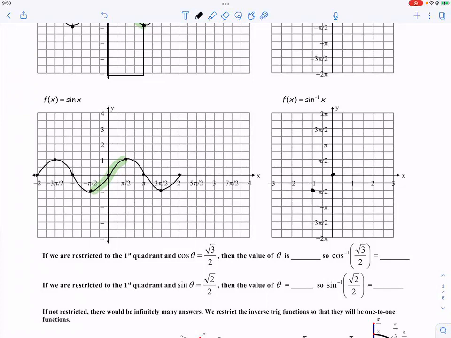And then we have pi over 2, 1. So we have 1, pi over 2. Okay, just like that.